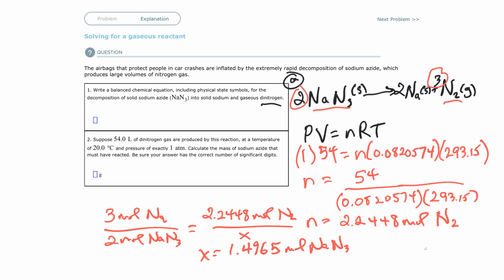When I look up sodium and nitrogen, I've got 23 and 14, 14, and 14. When I add this all the way up, I'm going to get 65.0099 grams per mole.